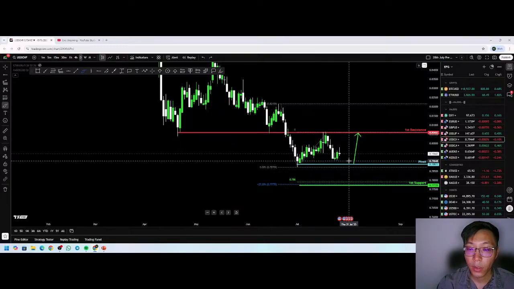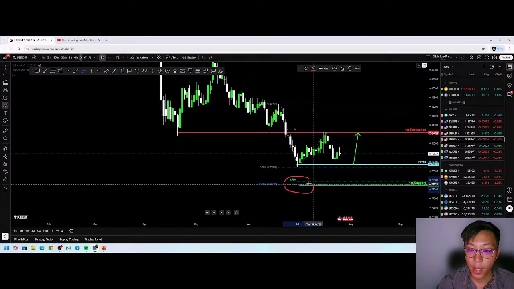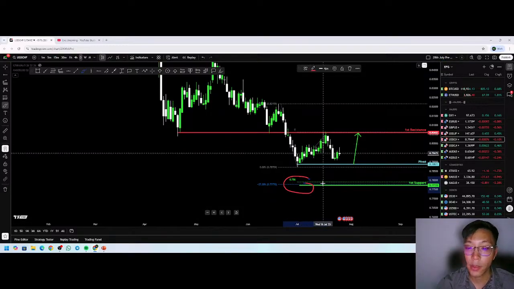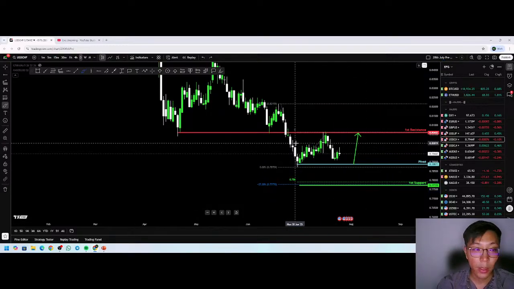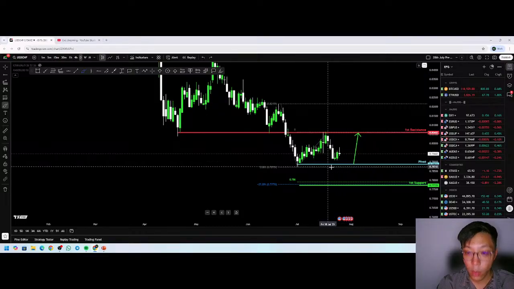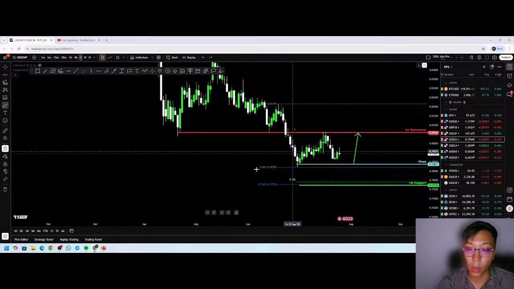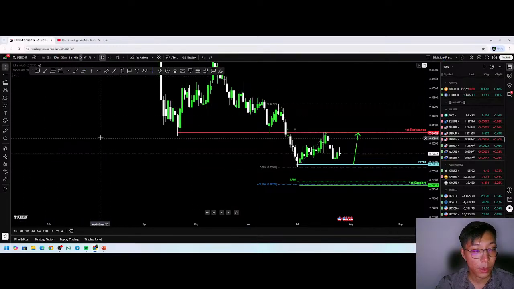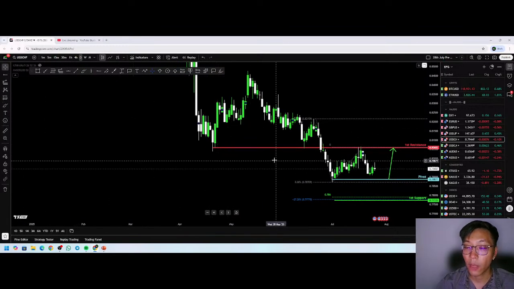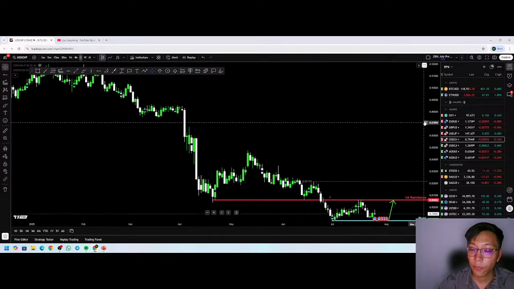So this has extra Fibo confluence right here as well. So if this pivot point doesn't work out, we also have this level to work with as well. Okay, this is what I am looking at for USD CHF.